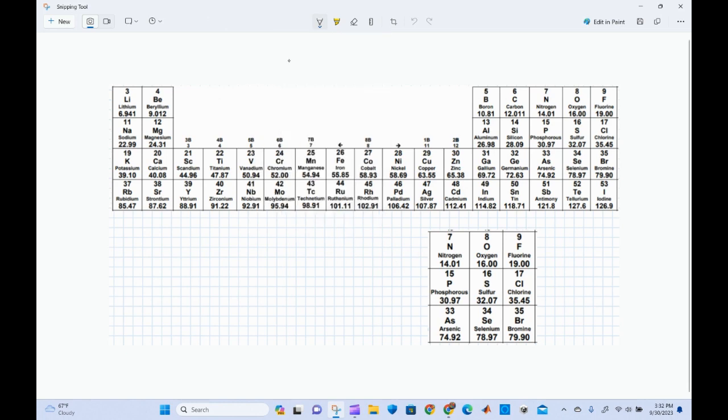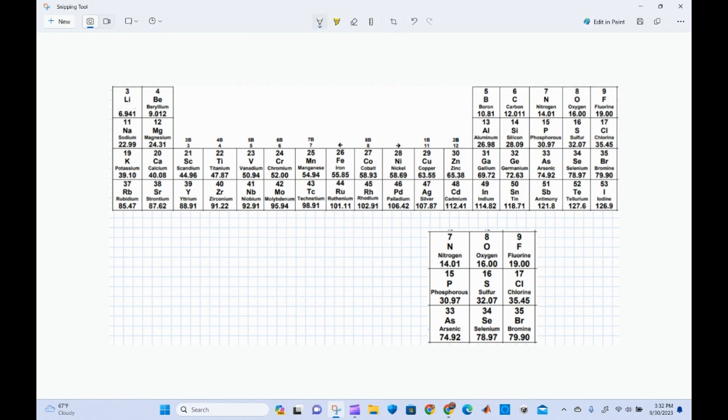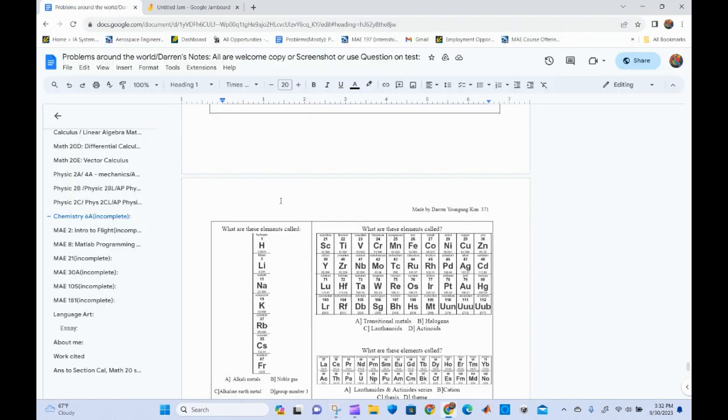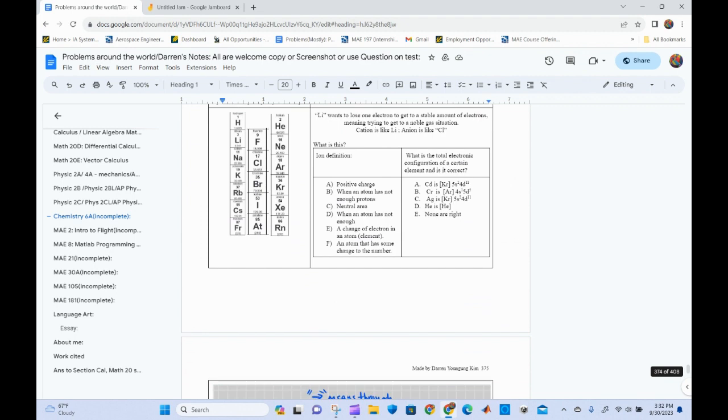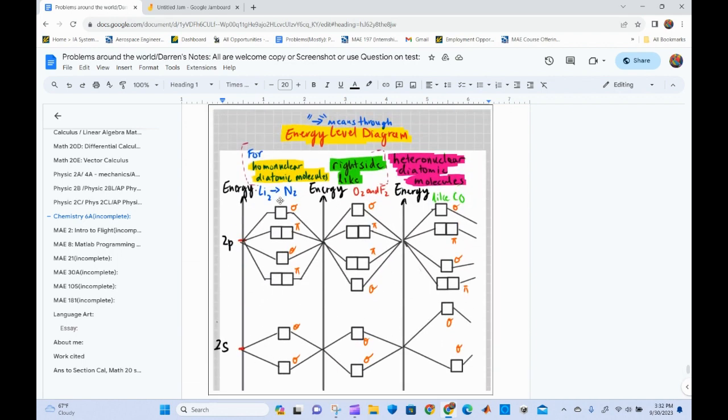So, next stop is basically, last time I think what I did was introduce this idea, which, if I remember correctly, my Chem 6A professor did not care too much about, so I don't care too much about it.